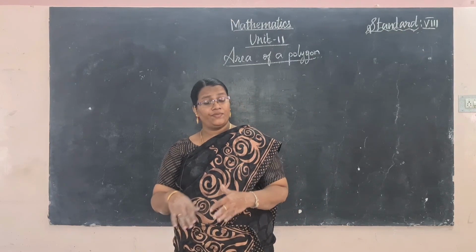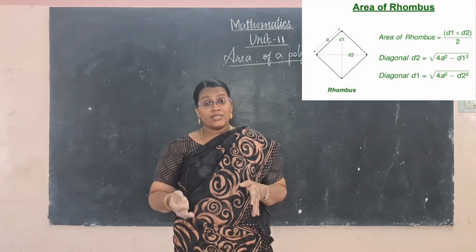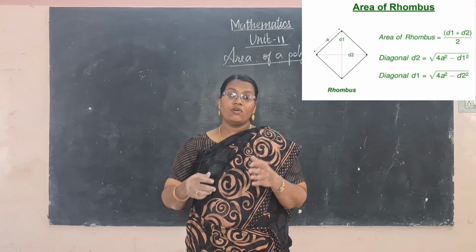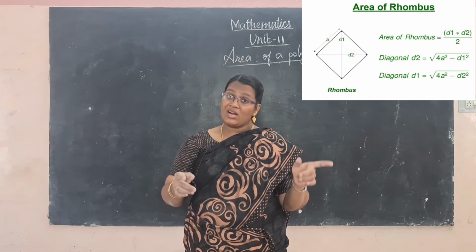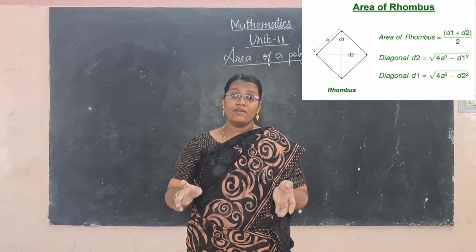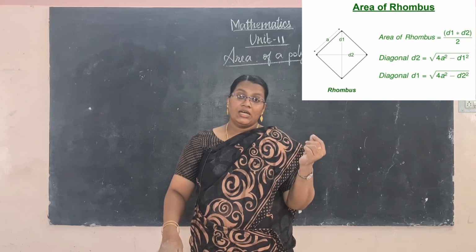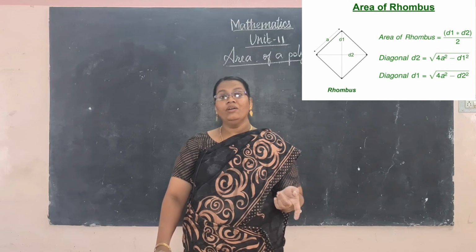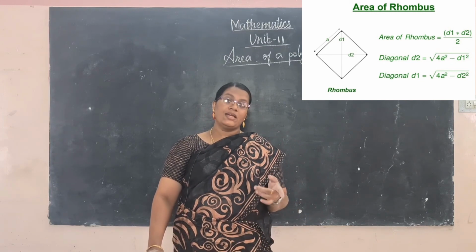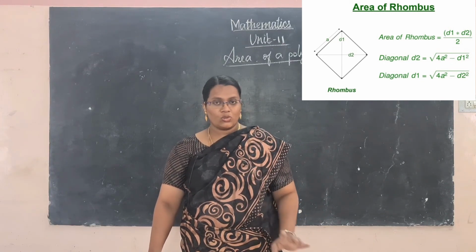And area of the rhombus, when diagonals are given, we use the formula half into d1 into d2 square unit. In case one side and one diagonal is given, we use the side of the rhombus is equal to half into square root of d1 square plus d2 square.